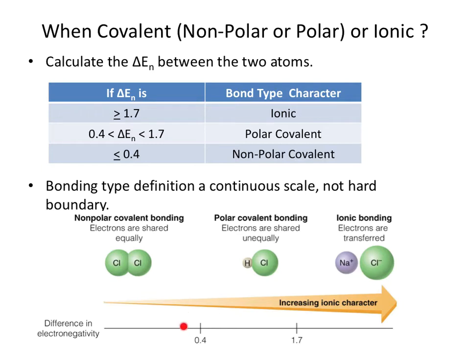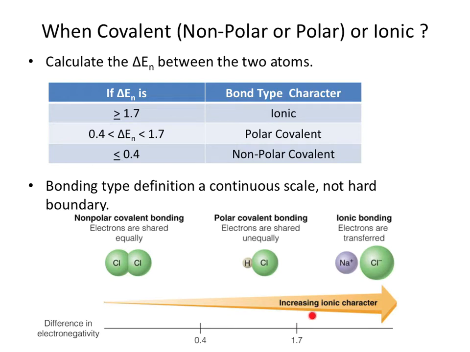We can choose it to be 0.3, or we could have chosen it to be 0.2, but generally the upper limit is around 0.4. On the same side, as we go up the ladder to more and more polar, at some level, at some time, it's now going to be a complete transfer of the electron density, and we're going to use that value to be 1.7. All right, when the delta EN is greater than 1.7, we're going to consider the bond to be mostly ionic in character.